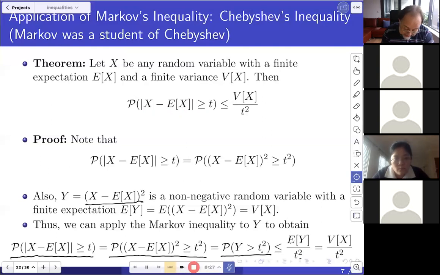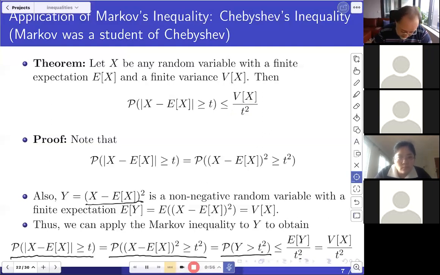And then the expected value of the square of this is precisely the definition of the variance. And of course, when we square the left side, we have to square the right-hand side. So the variance is in fact kind of a quadratic object, right? So it makes sense that it's divided by t squared.